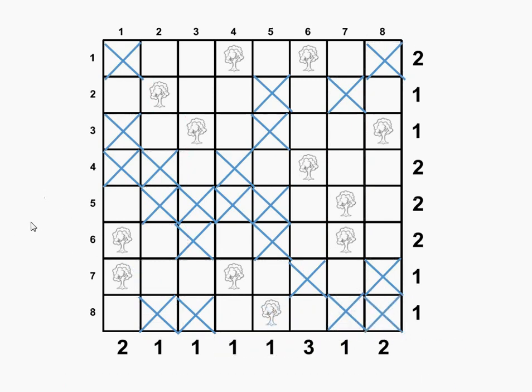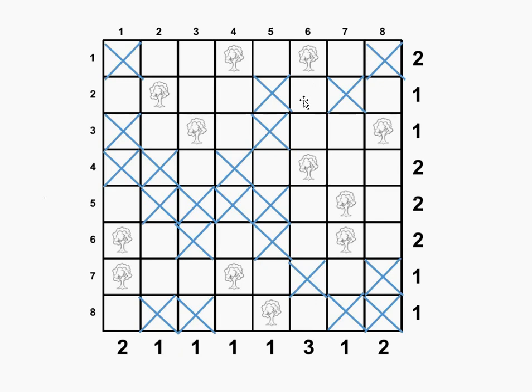Okay, what now? Let's have a look at what happens with column number 6. The condition for this column is to have 3 tents.